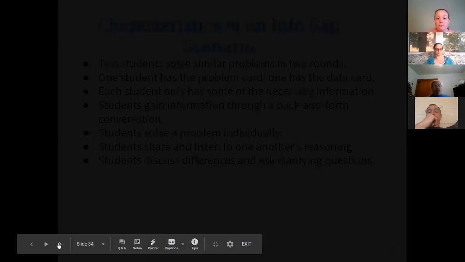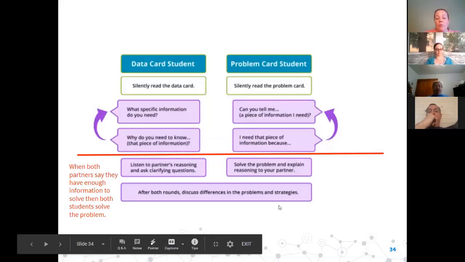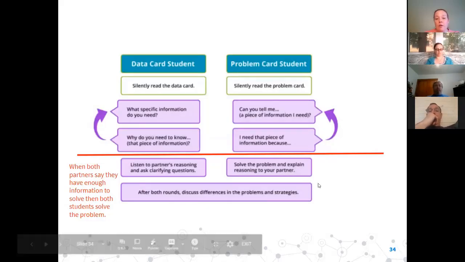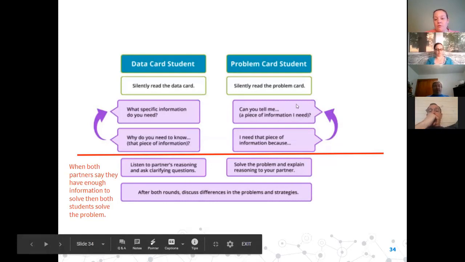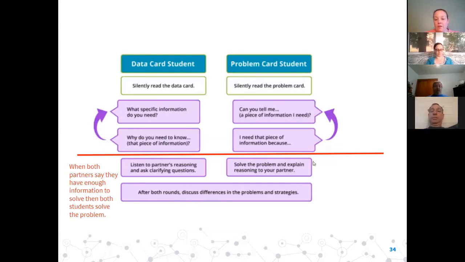Okay. So one thing that will help in doing an info gap is to have this posted so students can see the process. And I added this red line here because this is where it's really important that they both say that they're ready and have enough information to solve the problem. So the data card and problem card, they both read their information, but the data card starts.